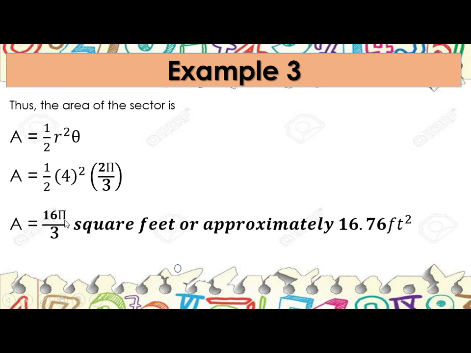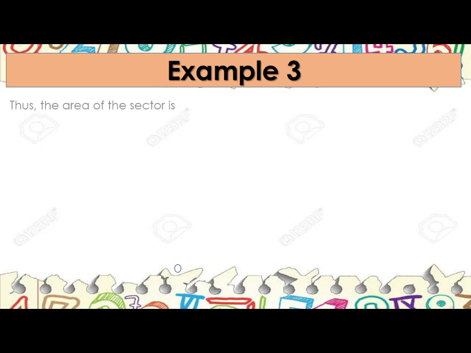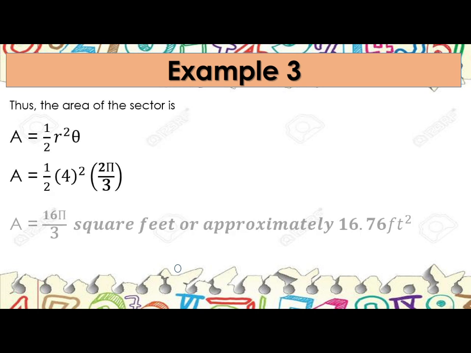Since we are looking for, let's go back, we are looking for the area of a sector. Let's convert that into a decimal. Or actually, this is also acceptable. If you are going to simplify 16 pi, 16 times pi, direct input is fine.